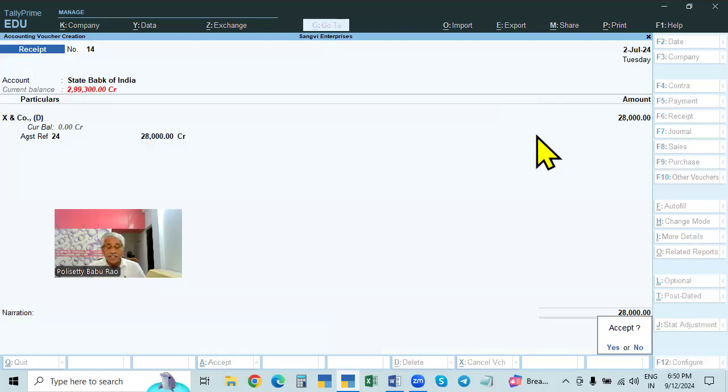Balance is nil. Here you see, when we made the sale there is a due reference, and when he was making the payment, he made only part payment. Still the bill is pending. The account reference 24 is the pending bill. He paid some amount and the balance was pending; that balance is also paid. So when we sold, new reference 24 invoice, he paid against 24 twice, the second time the last balance.